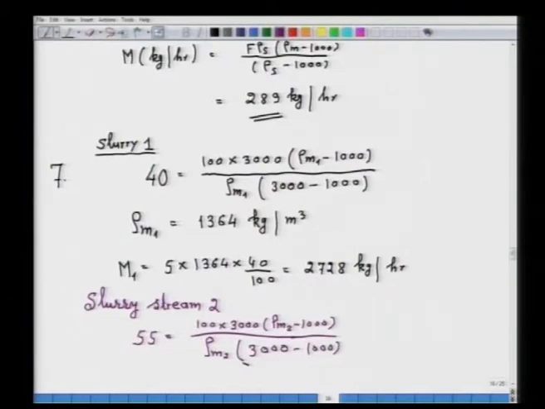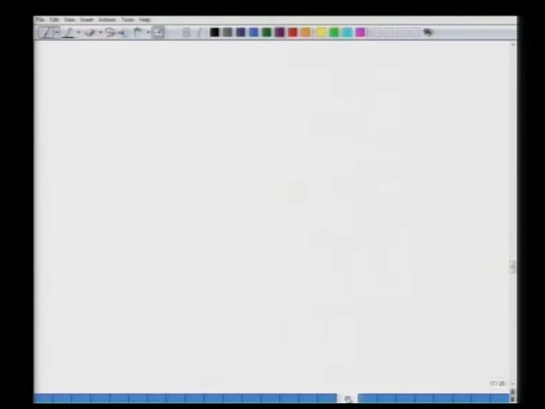So, if I solve for rho m 2, I will get the density of slurry stream 2, that is equal to 1579 kilogram per meter cube.